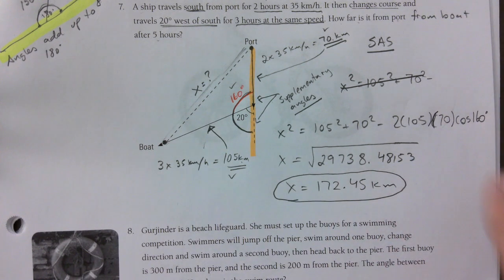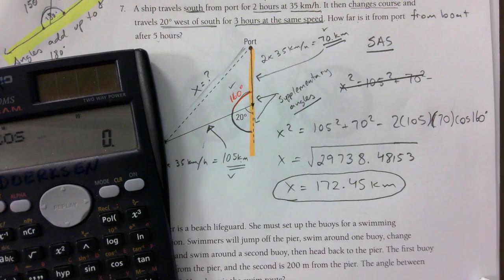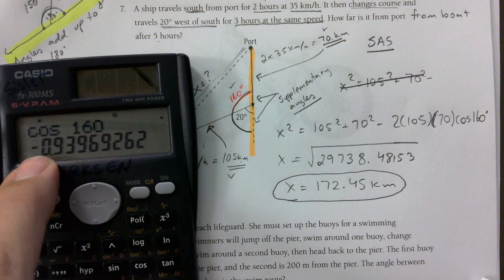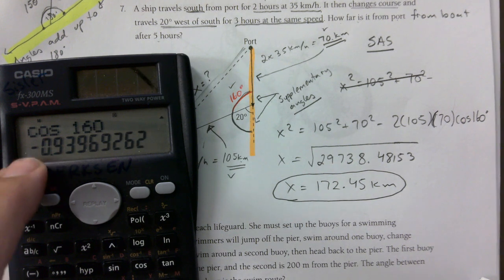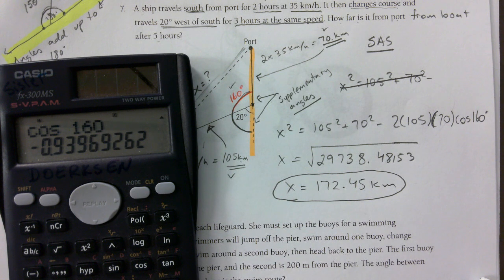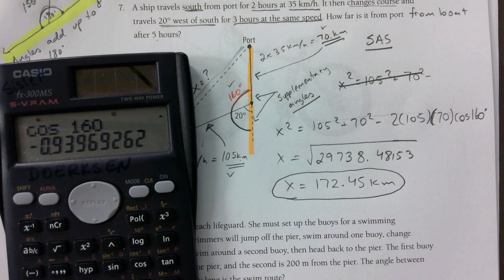Can you please try cosine of 160 with me? Just type in cos of 160, or some of you need to type in 160 then cos. You get a negative. You see that? See that little negative? You should all see a little negative in front of it. And that is a bit of a problem. If you're not able to type this all in one shot, then you might have a bit of a problem. And this is why.